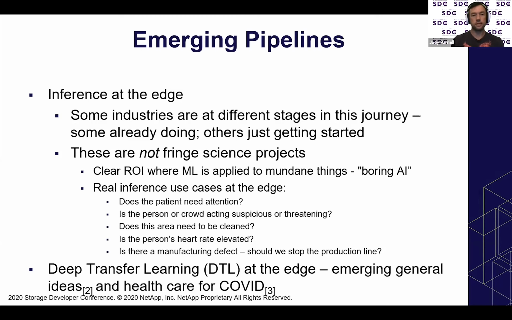A lot of these things, where we see shared storage providing value, are in deep transfer learning use cases, and specifically deep transfer learning at the edge. Transfer learning is where you take an already learned model and use it to solve another task.